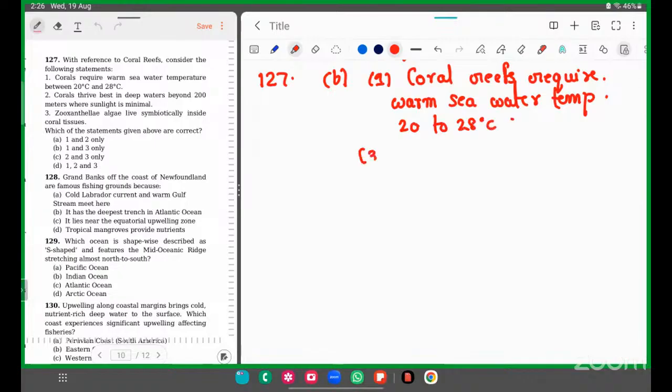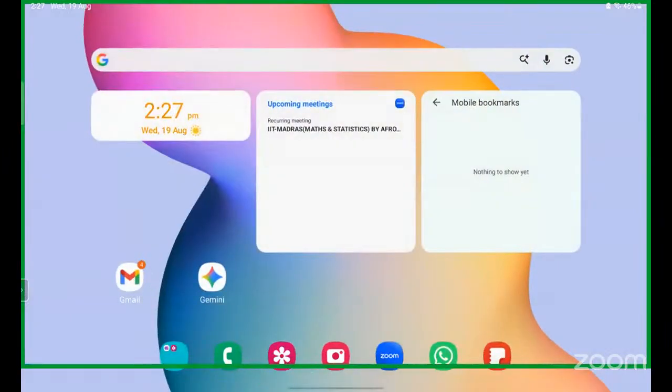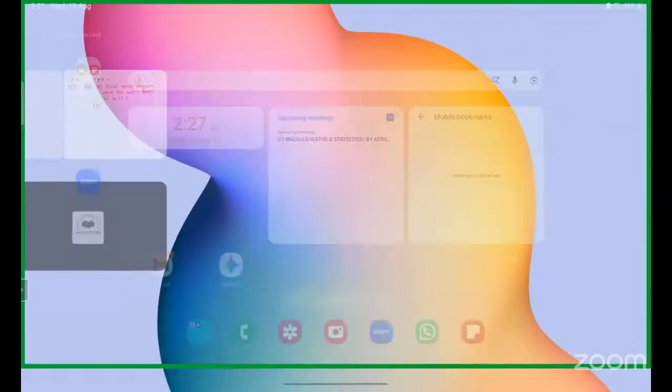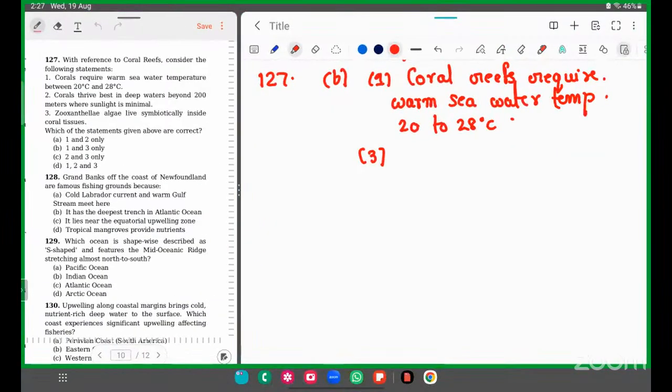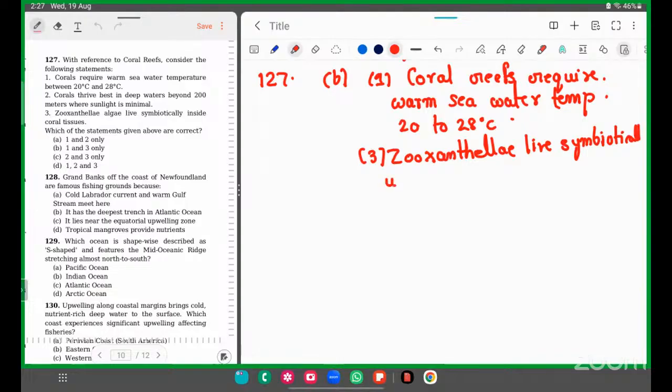And third, zooxanthellae live symbiotically inside coral tissue.